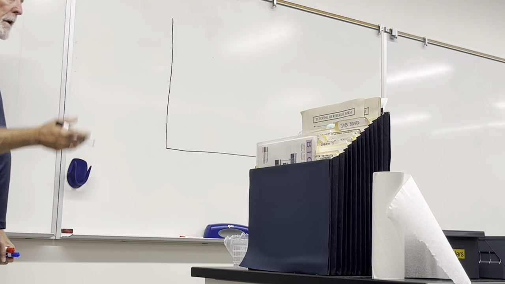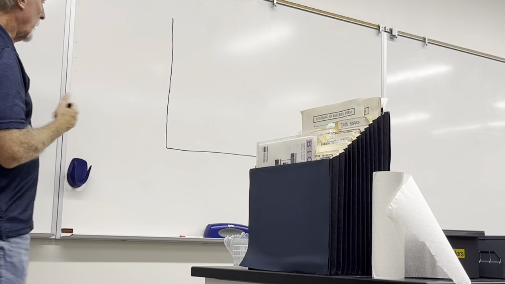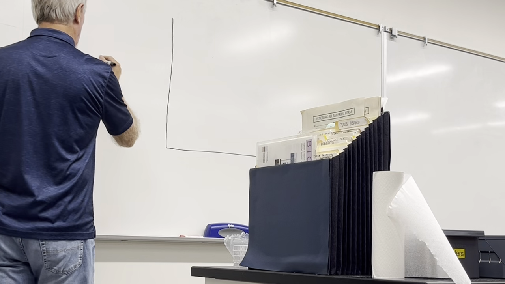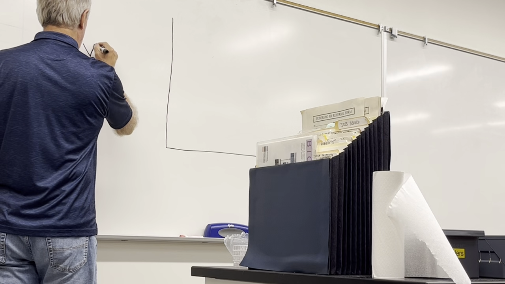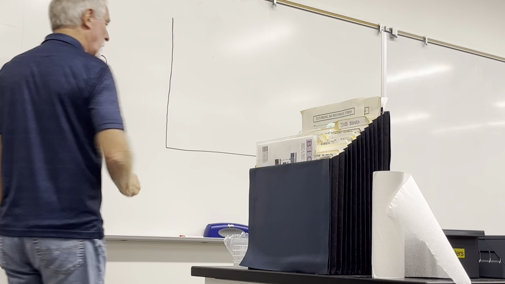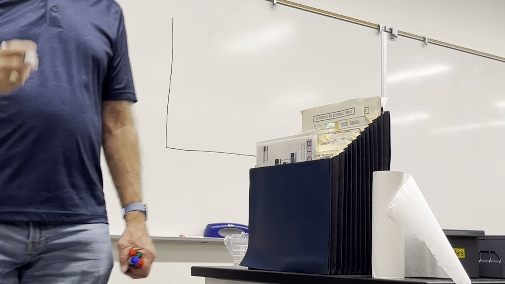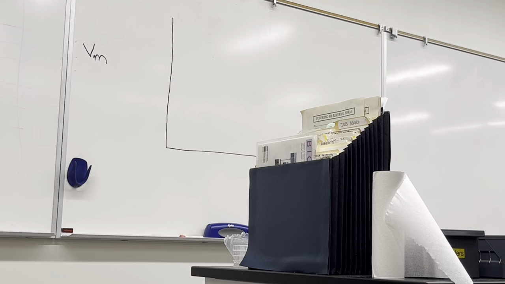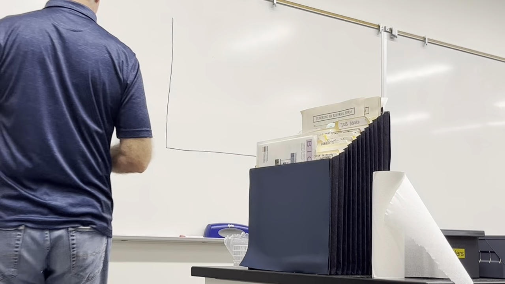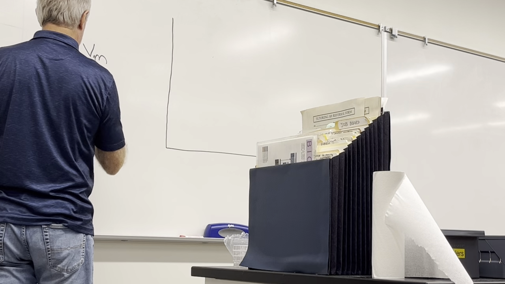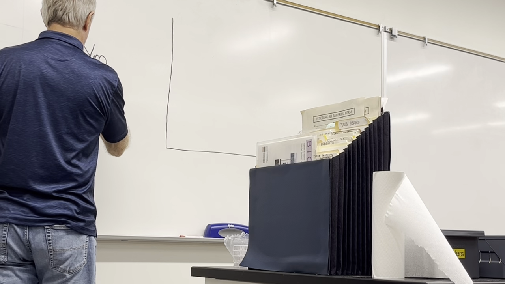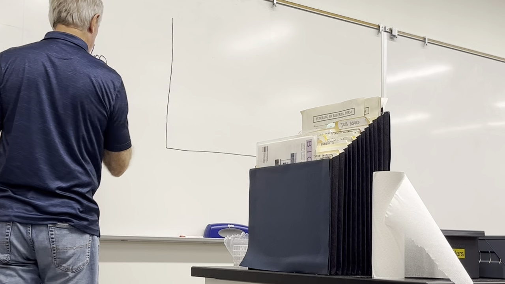So I'm just going to put a graph of action potential up here and make sure that you understand that the y-axis of this graph is the membrane potential. And the units that we use to describe membrane potential are millivolts.